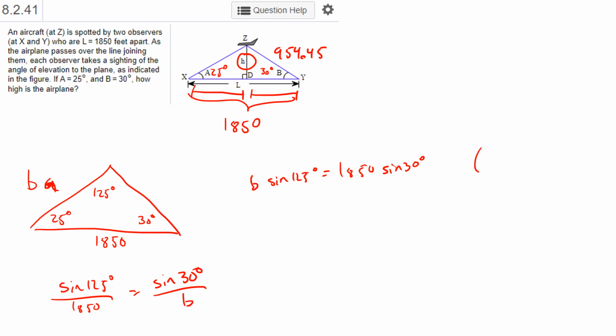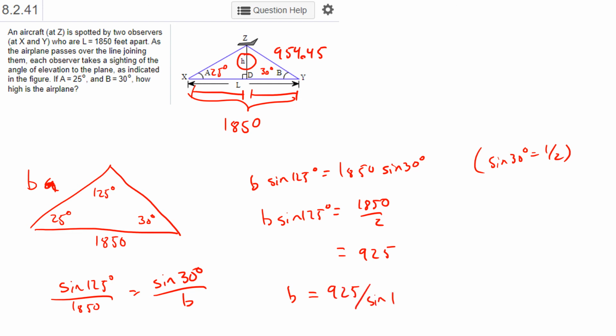As we've used a few times, the sine of 30 degrees is 1/2. So B times the sine of 125 degrees is simply equal to 1850 over 2, which is equal to 925. Dividing by the sine of 125 degrees, B is 925 divided by the sine of 125 degrees, and I'm going to go ahead and round that off to 2 decimal points. 925 divided by the sine of 125 degrees. 1129.22.